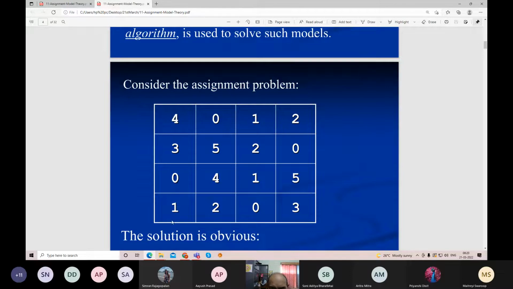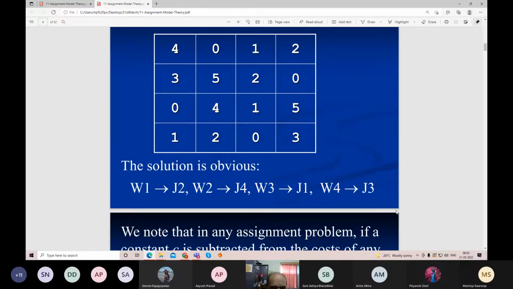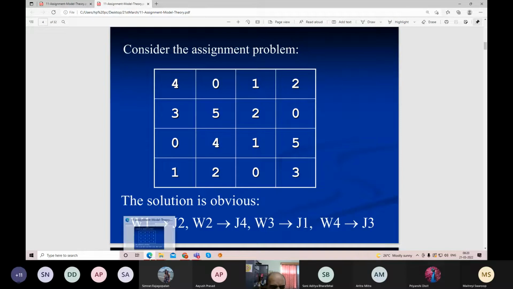In the last row, that 0 is representing x43. So these are the variables, all are 1, the rest are all 0. But with respect to these variables, the costs are all 0. There are 4 zeros, so these are the costs. So the solution is like this: worker 1 to job 2, worker 2 to job 4, worker 3 to job 1, and worker 4 to job 3. In this manner, we can assign.